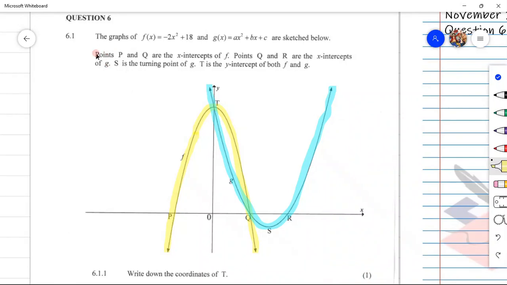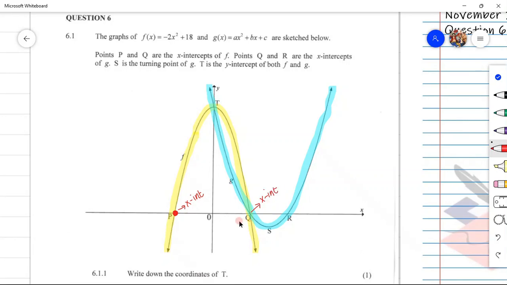So we've got the graphs of f of x equals negative x squared plus 18 and g of x equals ax squared plus bx plus c are sketched below. The points P and Q are the x-intercepts of f. So we have P, which is an x-intercept, and we've got Q, which is also an x-intercept.